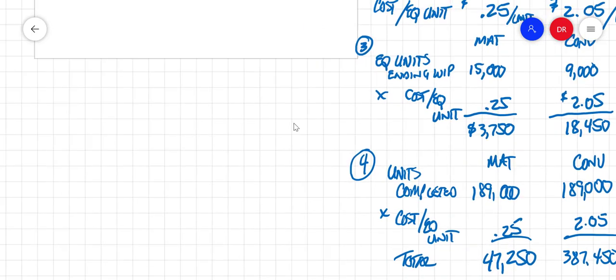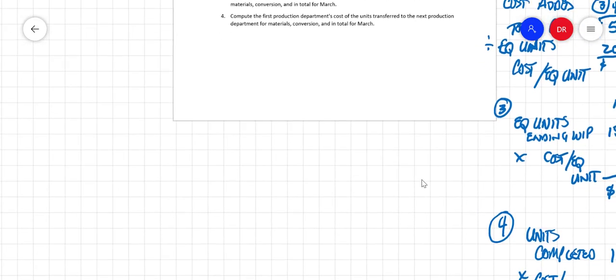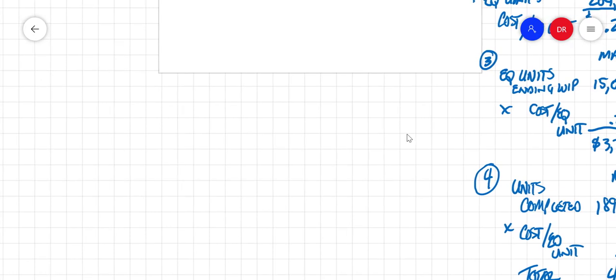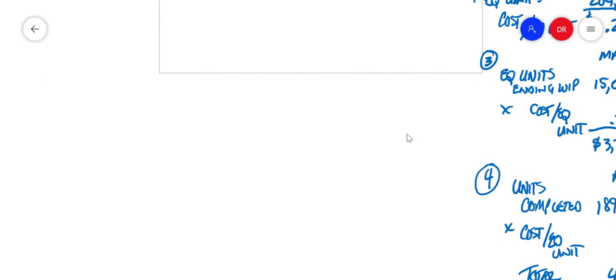Now I want to do something else here that is also important. In this chapter, we deal with reconciliation reports. And we start with costs to be accounted for. We're basically demonstrating that we've considered all the costs that we have.